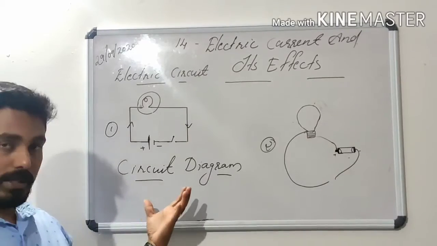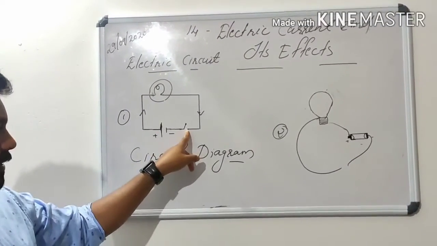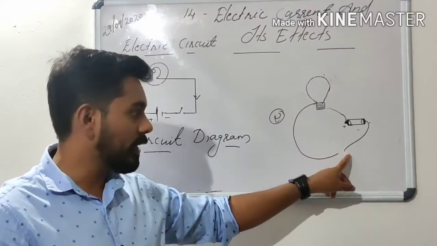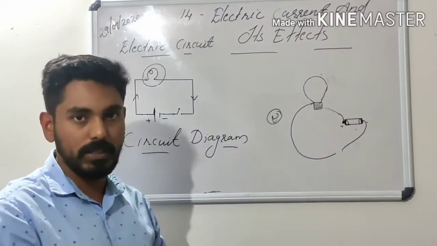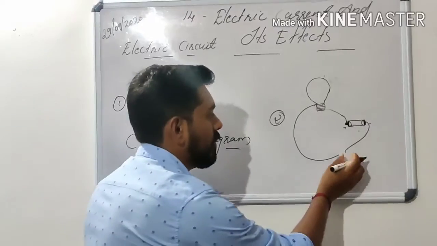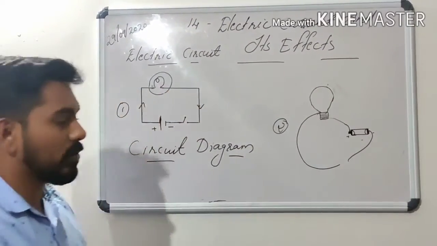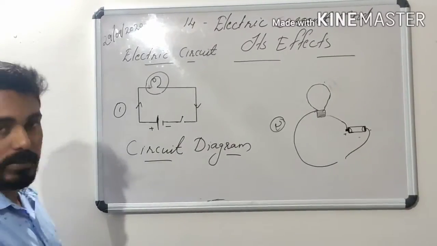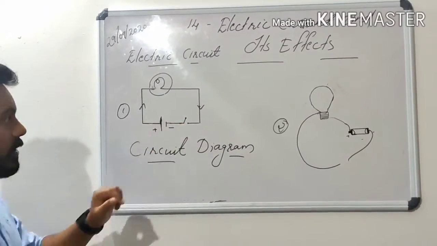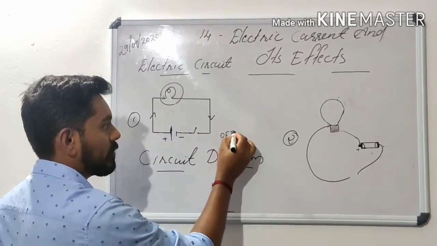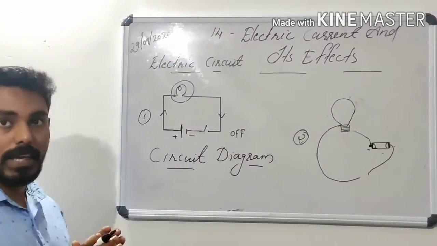So what do you mean by incomplete circuit? Here the key means switch. Here you can see that these two ends are free now, so they are not joined together. When you keep these two ends without joining, that is called what? Incomplete circuit. Here also you can see that now the switch is off, it is not on, so the circuit is incomplete.